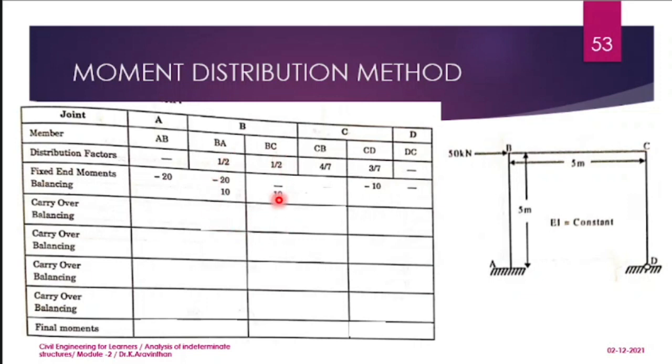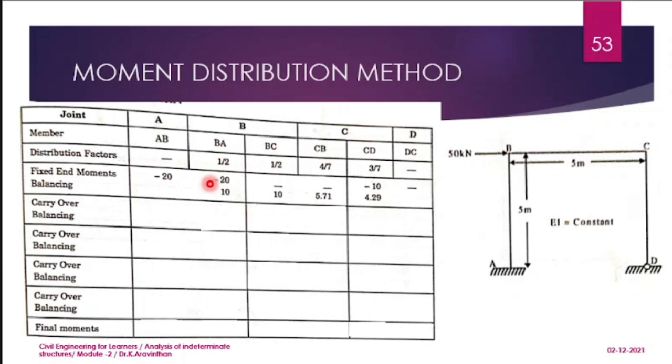You will be getting this value, and if you balance, joint C has minus 10 of moment. Balance this by using plus 10. So 10 into 4 by 7 is 5.71 and 4.29. This will be the balancing, and half has to be carried.